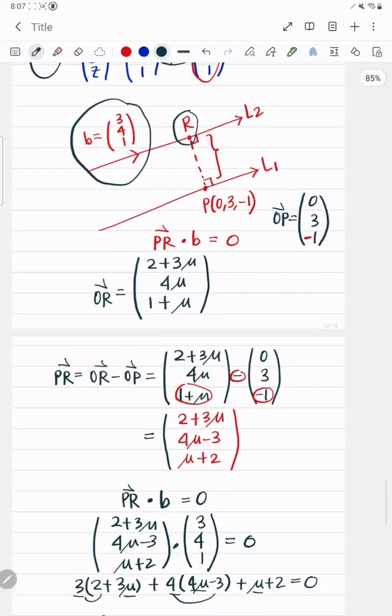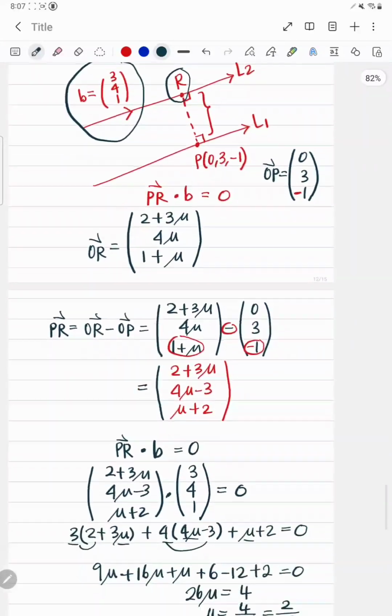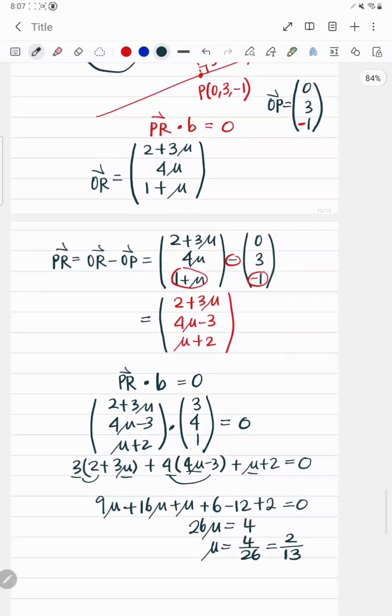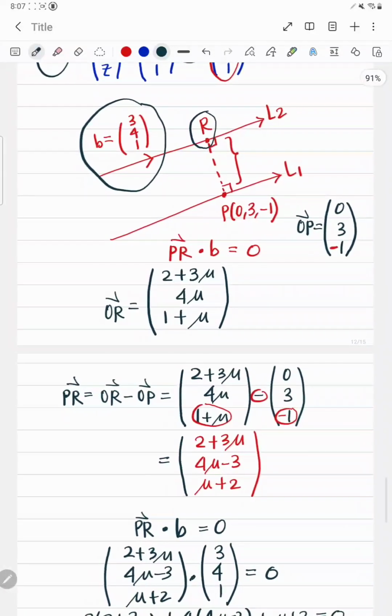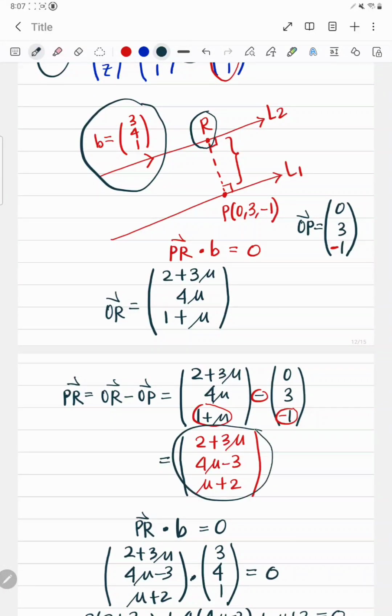So back to the question. Since we know mu is 2 over 13, we are able to substitute into PR, because the magnitude of PR will be the shortest distance between the two parallel lines.